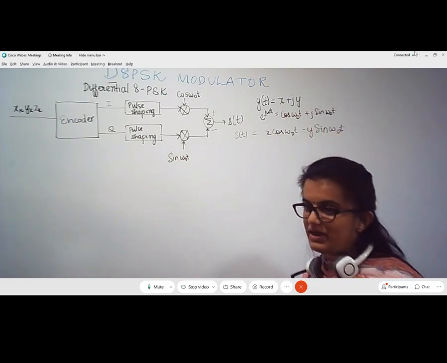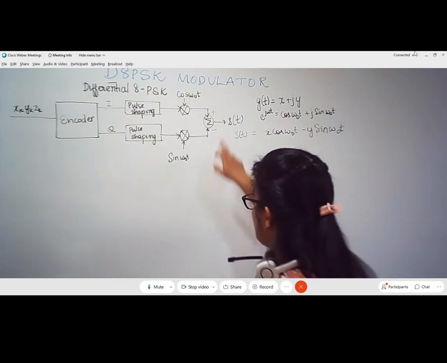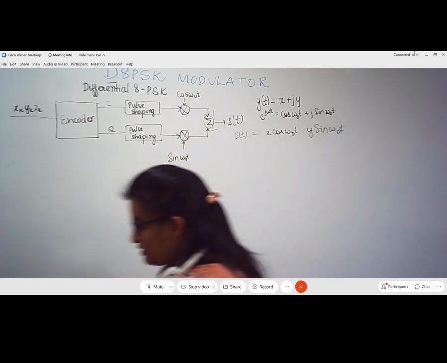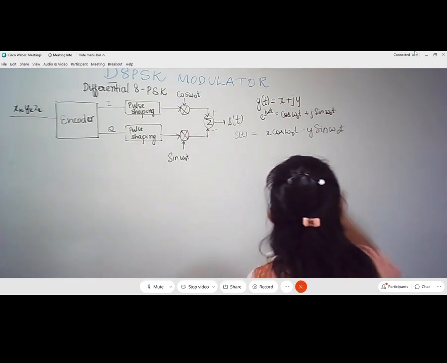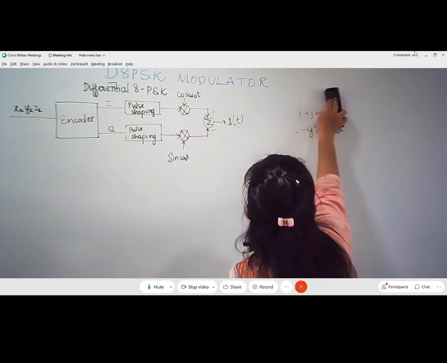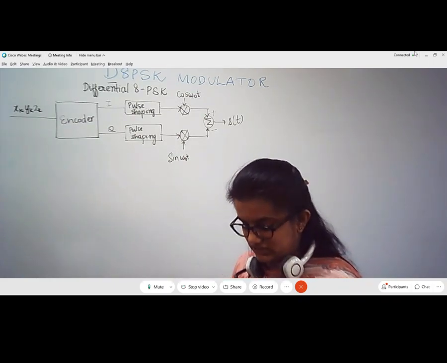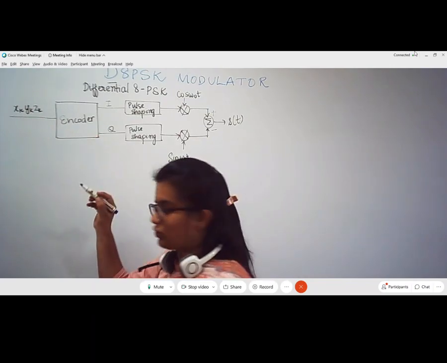This will be the real part. So I am adding the cosine part and subtracting the sine part. This is how D8PSK symbols are modulated. Why this is important is, let me tell you what will happen in the encoder first.